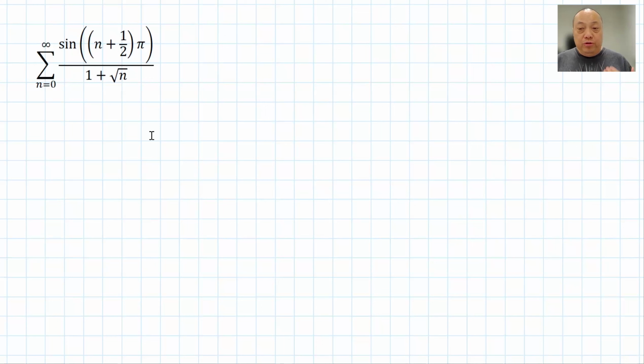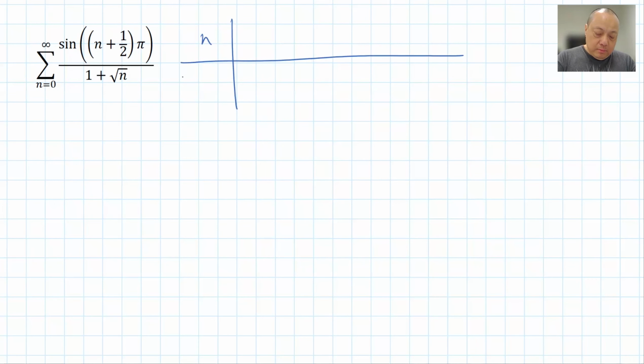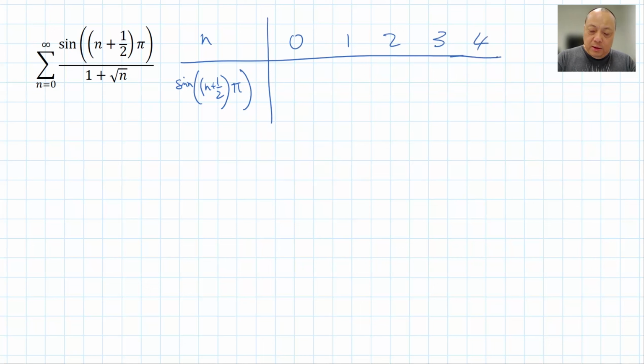The way you approach these series with sine and cosine in it is to try out a few values of that sine and cosine so that you can see the pattern of the numbers. So let's try out some of these: 0, 1, 2, 3, 4.